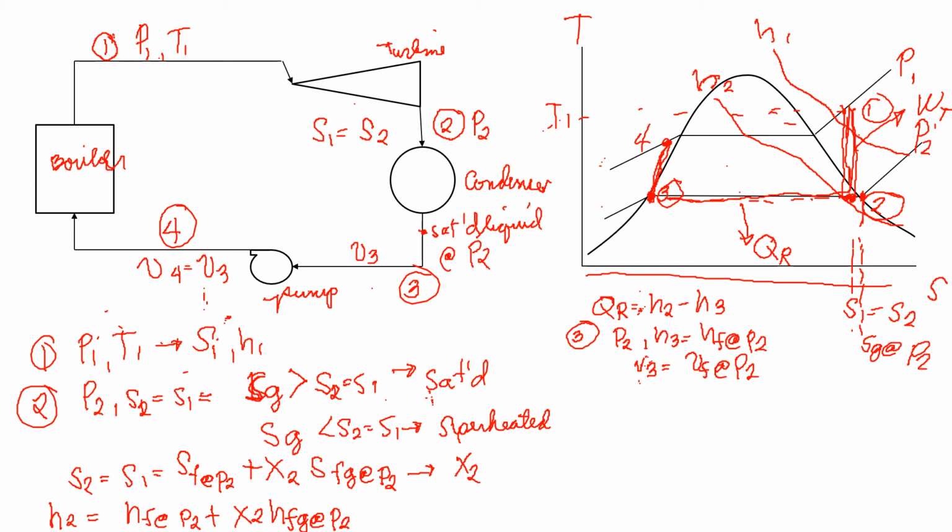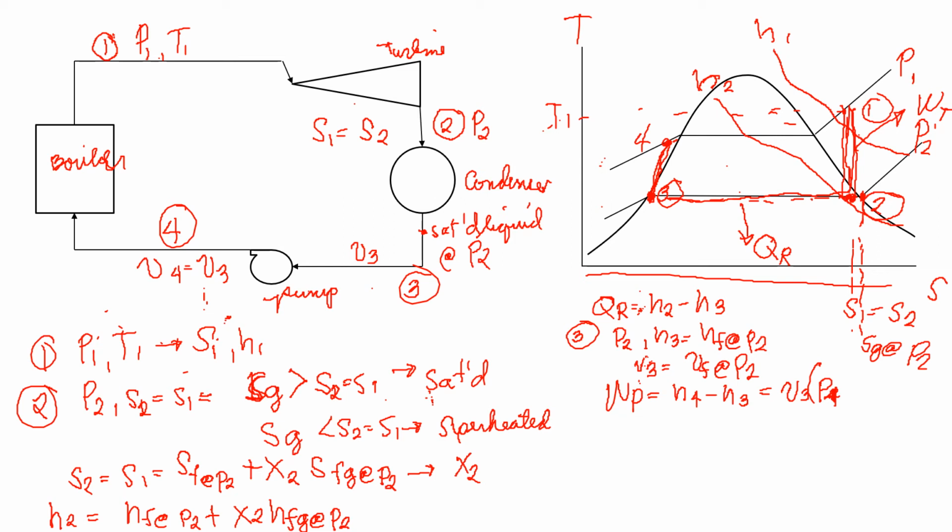So the work of the pump is therefore equal to H4 minus H3. But it's also equal to your V3, which is also equal to your V4. Of course, we have an isovolumetric process here, and we will multiply that with pressure 1 or pressure 4, but the pressure 4 is the same as pressure 1.